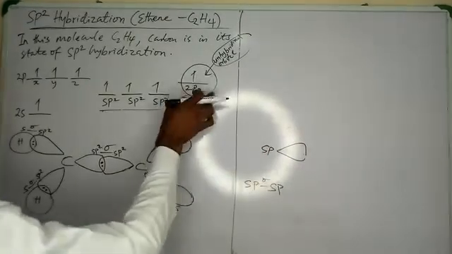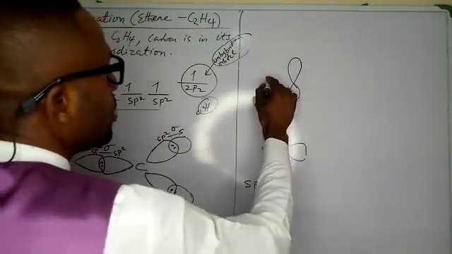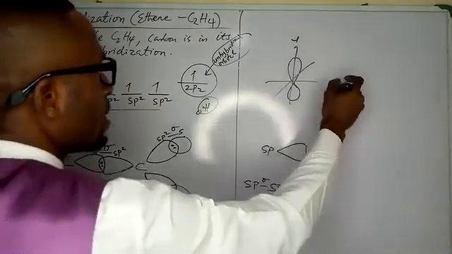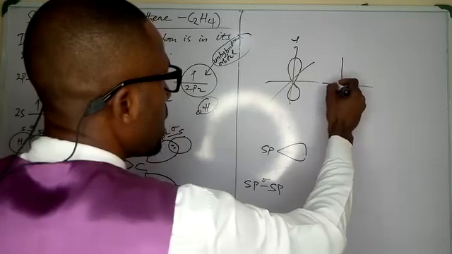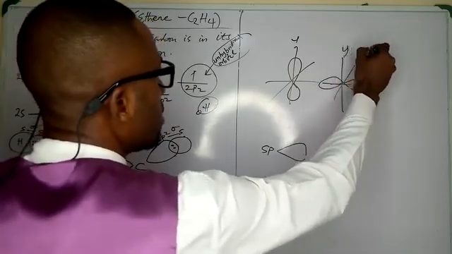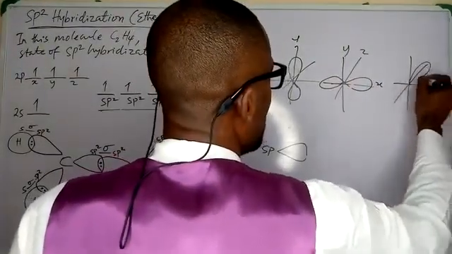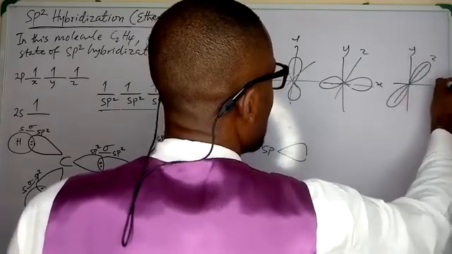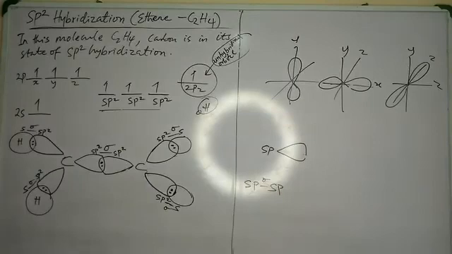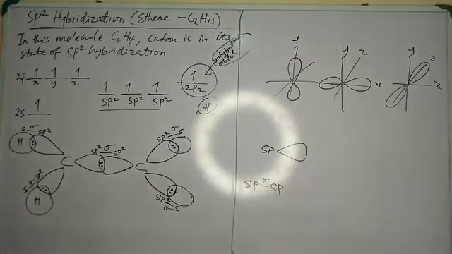But when you have a p orbital, p orbitals are dumbbell shaped, which could be lying in any of the three axes, whether in the y-axis like this, it can decide to lie in the x-axis, and again, there's possibility of the dumbbell of the p orbital lying in the z-axis. So we have one p orbital here, okay? That p orbital is still part of the carbon atom.